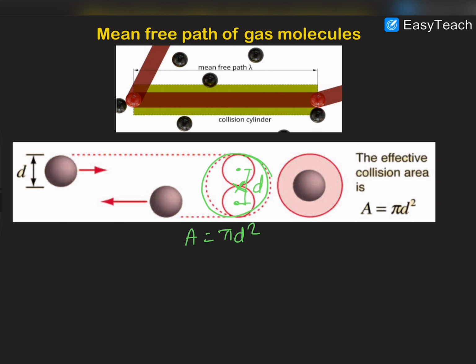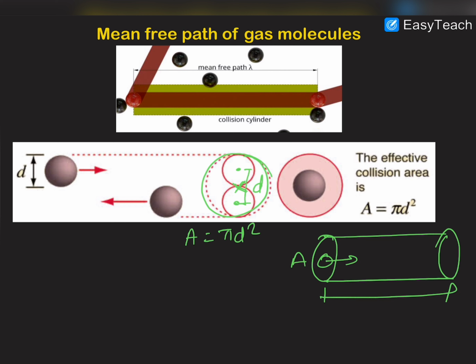Let us now consider a cylinder whose cross section area is this pi d square, and a molecule is moving from this position to this position, and it has taken a time t. So I can say that the total length traveled by this molecule is vt, and n is the number of molecules per unit volume.